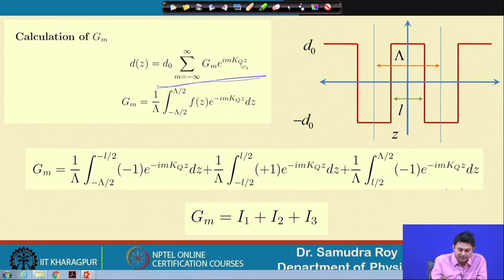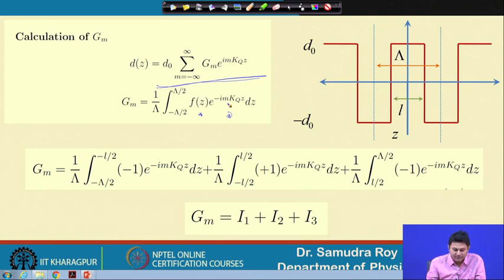We know that if this is given, then Gm can be represented over the full period, the given function times e to the power minus i m kz z. So, if the functional form is given, and I integrate over the period with 1 by period, then we will have the value of Gm.